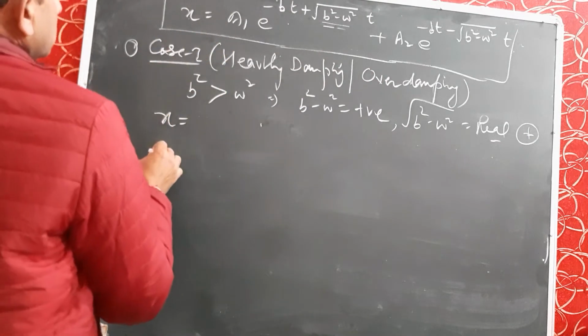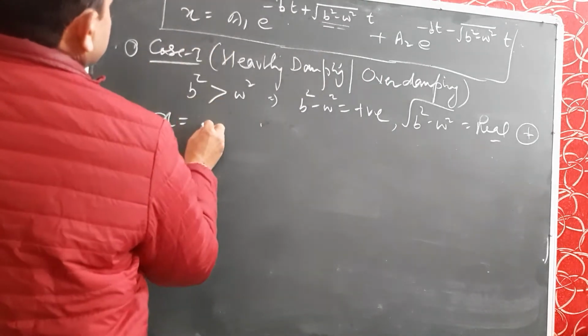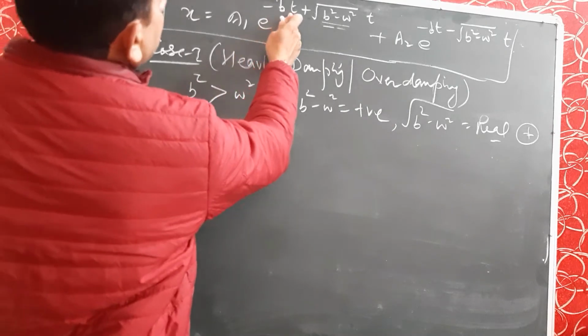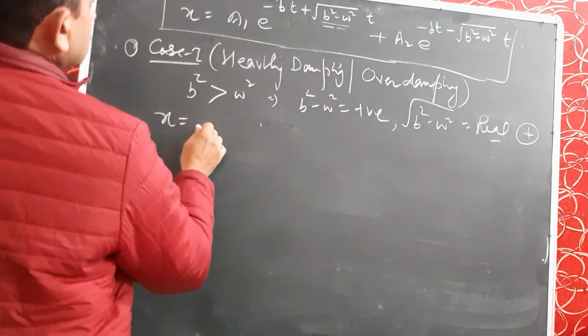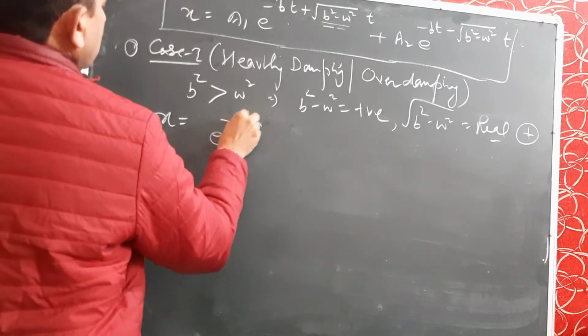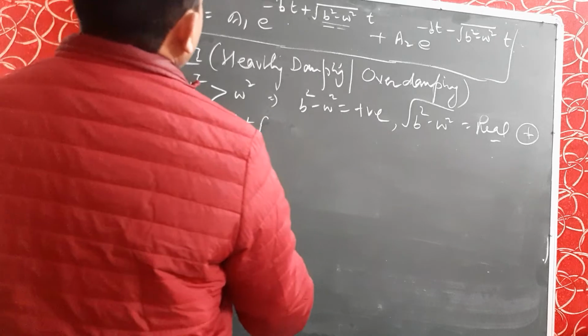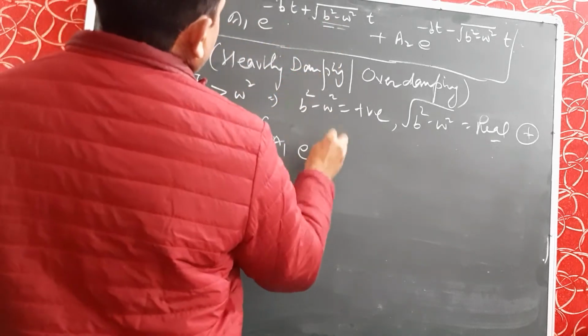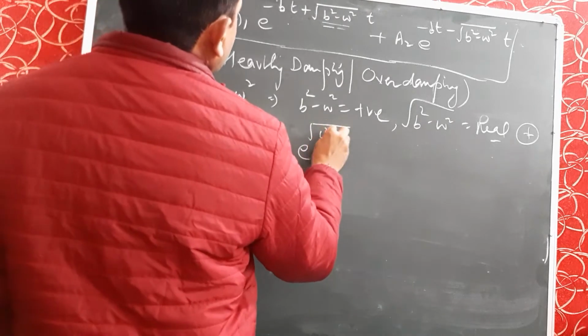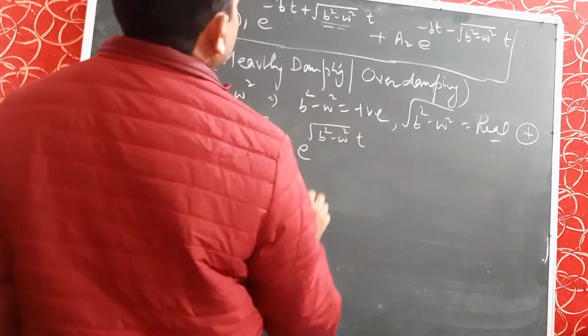So this x may be written with e power minus bt common in both terms: e power minus bt into a1 into e power under root b square minus omega square t.